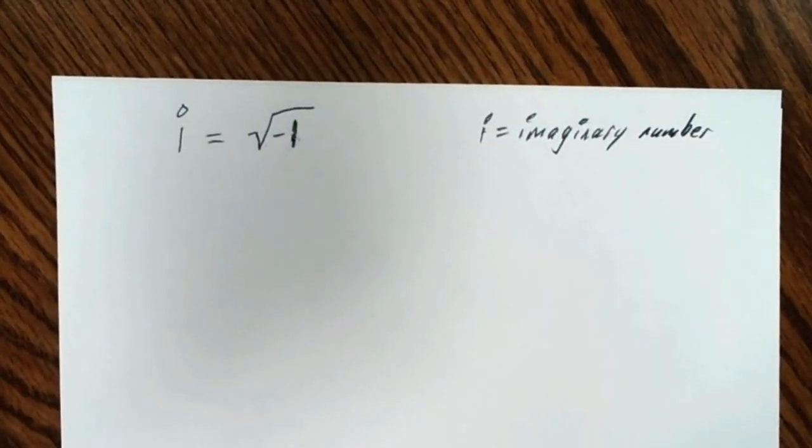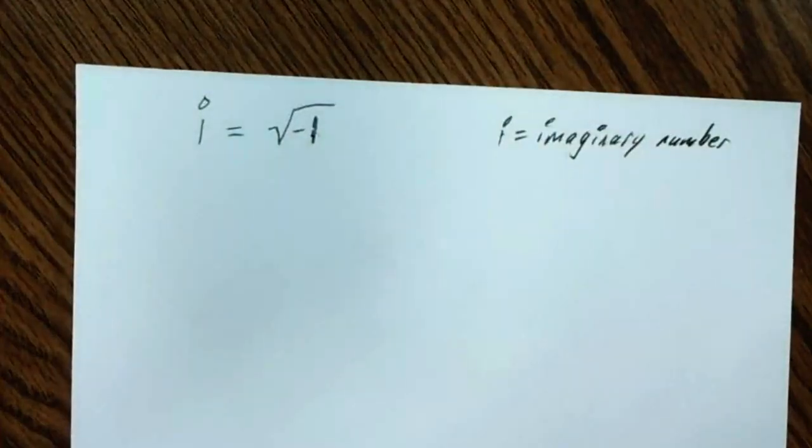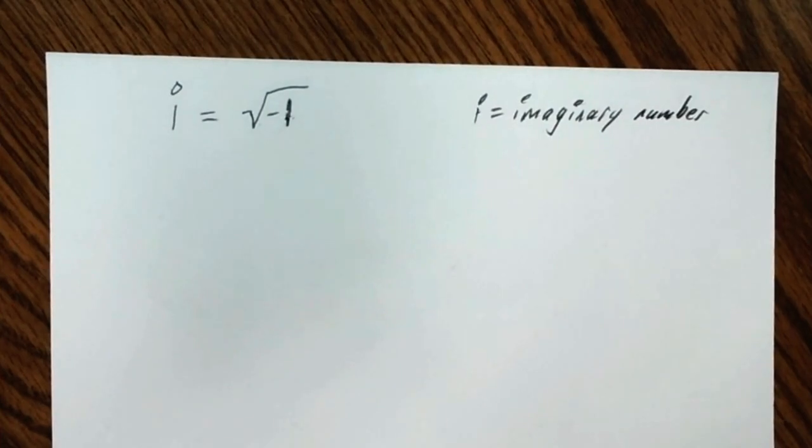It is the square root of -1. Not a real number. It's not part of the real number system, but we're going to use i and do a lot of calculations with it.